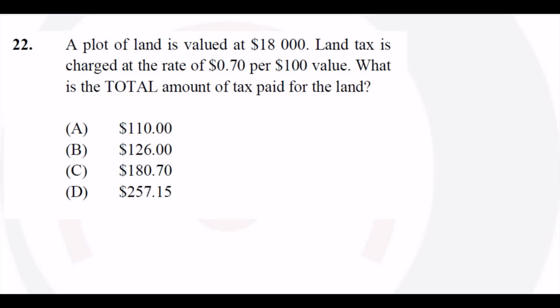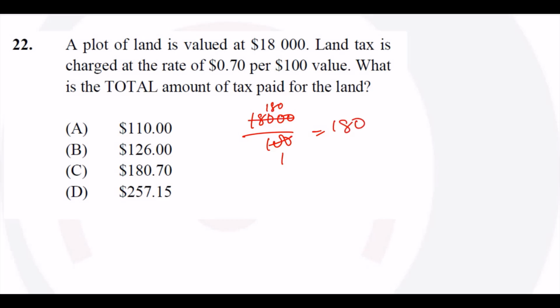And this question seems to be a very recurring question. It's like it's on every year paper. So hence we know that we need to find how many $100 are in 18,000. So we have 18,000 divided by 100, and that gives us 180.